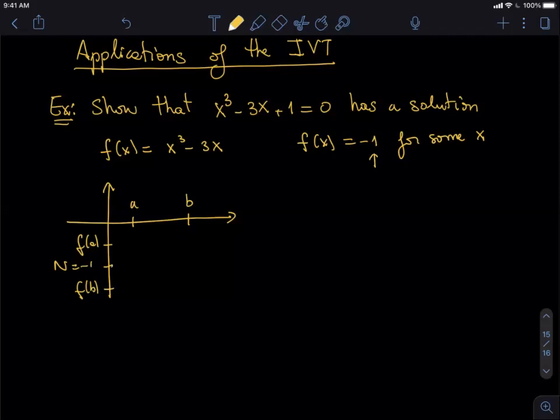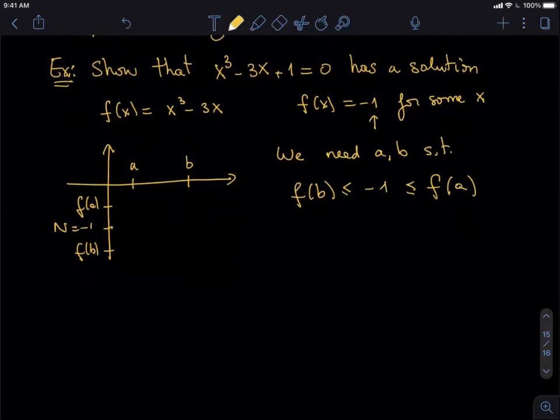Let me summarize that. We need two numbers, A and B, such that f of B is less or equal than -1 and f of A is bigger or equal than -1. And this we find by inspection. A bit of trial and error will do it.